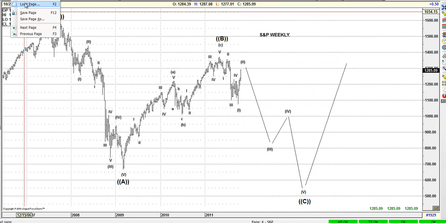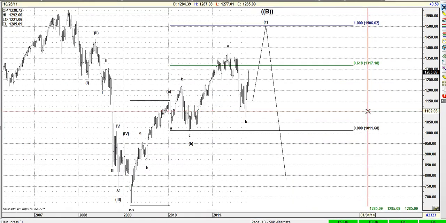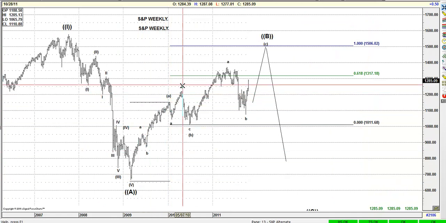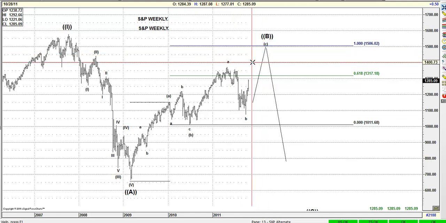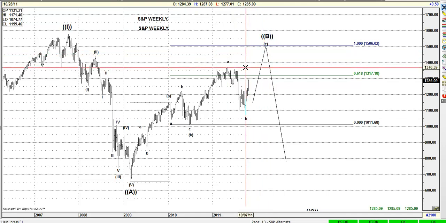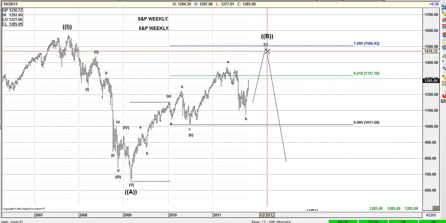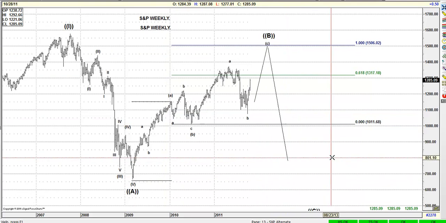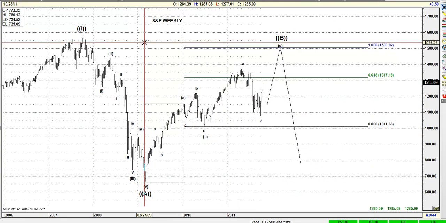Or you have the alternative scenario where in the S&P you can get A, B, C, a B wave, A, B, and the S&P is going to test about 1370, something around 1400, an extension to 1500, and from there it's going to drop.